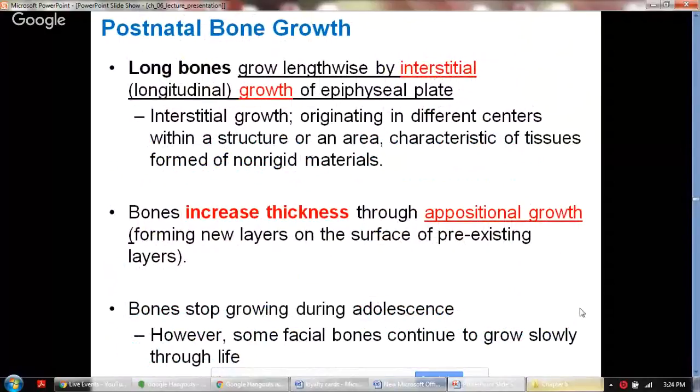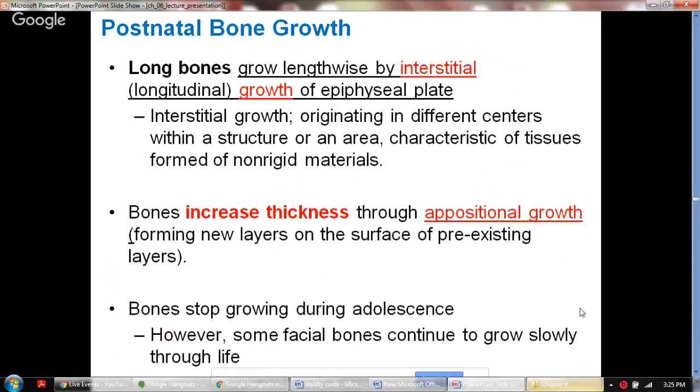This intramembranous and the endochondral ossification you would see until birth, while you're at the embryonic stage, and the postnatal bones start to show the growth of the bones.